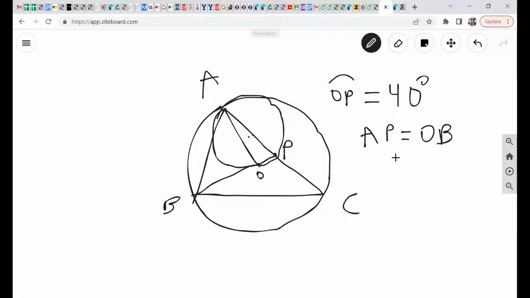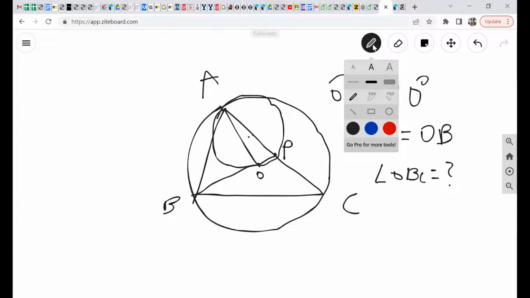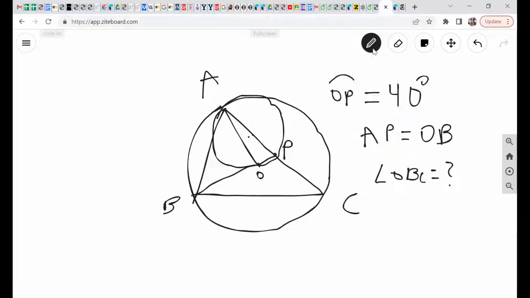Then we want to find the measure of angle OBC. Oh, there is a circle tool. Oh, thank you. I should try that. But yeah, we want to find the measure of angle OBC. So how are we going to do this?